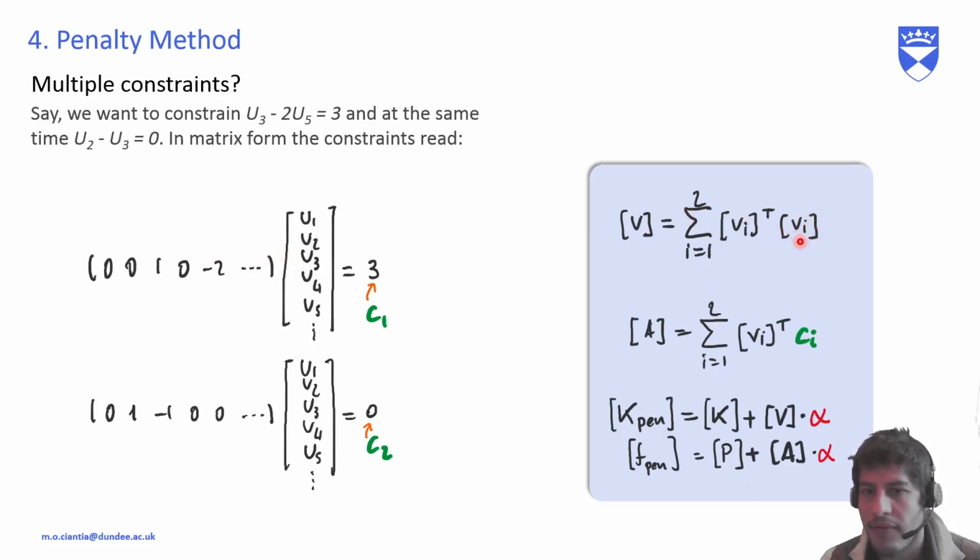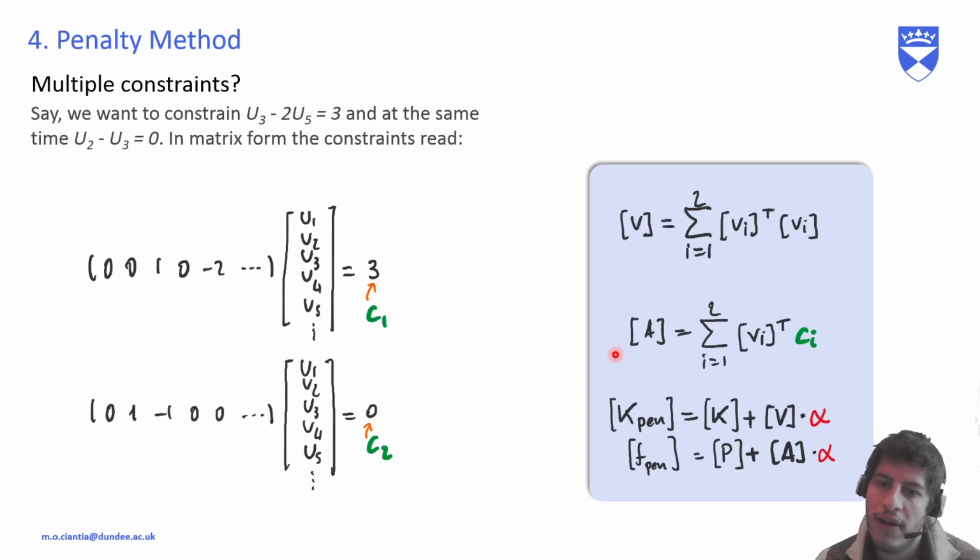In this way, Vi transpose times Vi gives us a matrix. So to obtain the penalized stiffness matrix, we add alpha in the right position using this, but we'll see this in the next example. These equations perhaps look complicated without numbers in them.